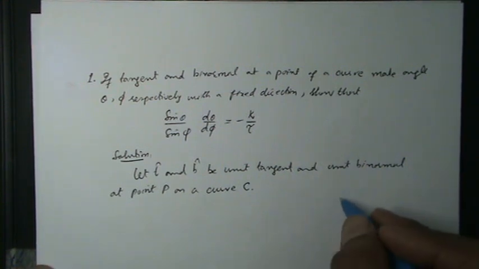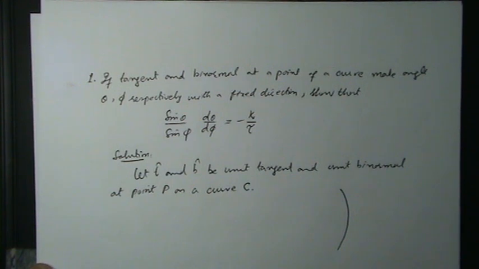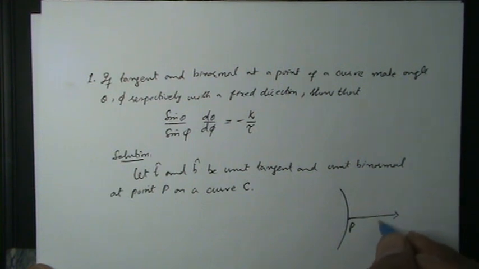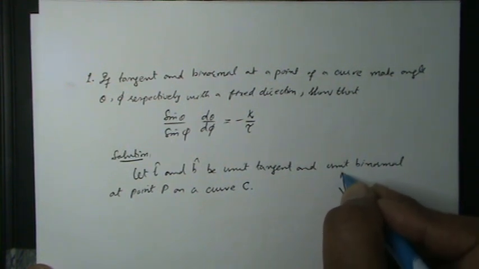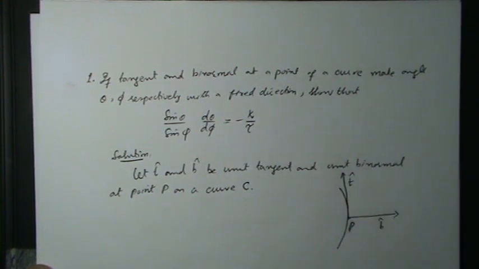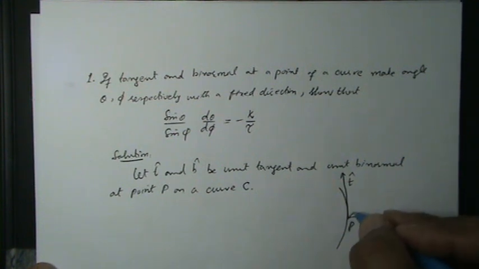We draw a rough figure. This is a curve. This is a point P. Here along this direction is the B unit vector, the binormal, and this is the tangent. Here is the T unit vector. We draw a fixed direction.